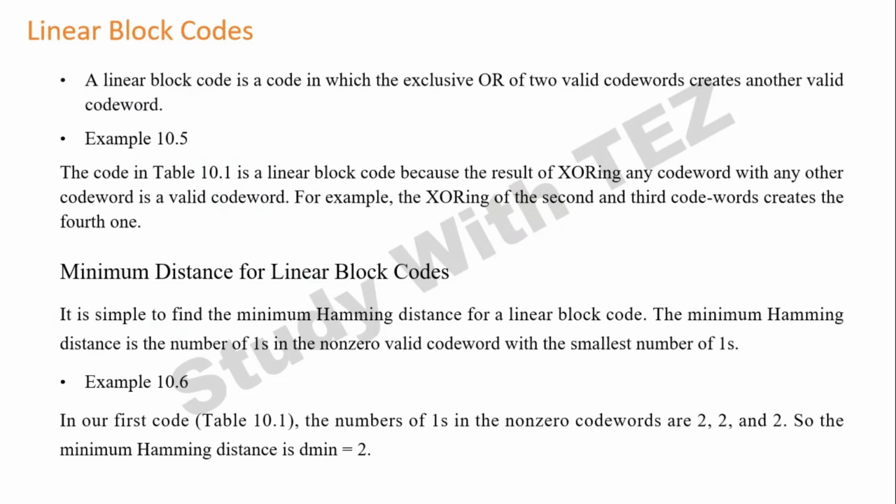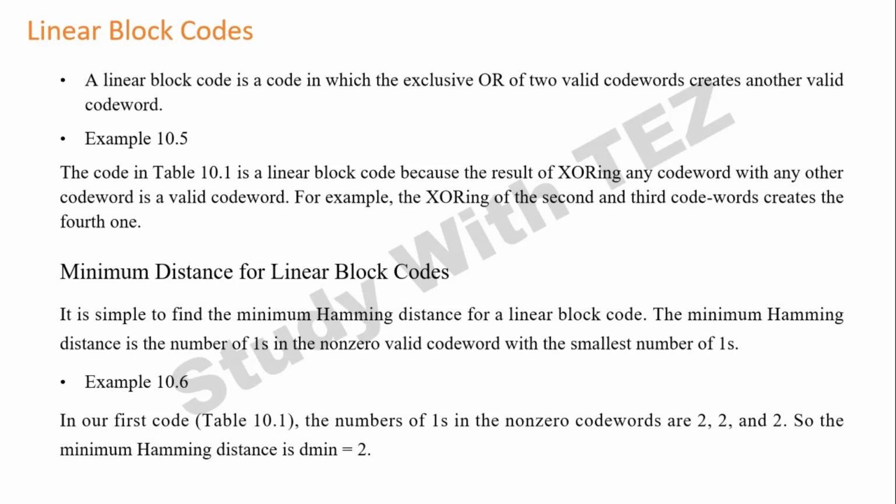What is the minimum distance for linear block codes? It is simple to find. It is the number of ones present in the result of XORing two valid code words. So the minimum Hamming distance is the number of ones in the non-zero valid code word with the smallest number of ones.